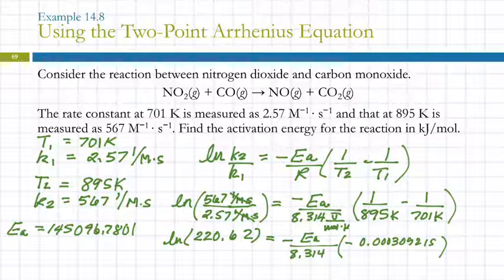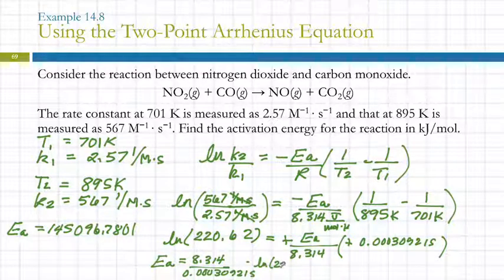So I'm going to cancel out those negatives, and now we could write this out. EA, we're going to multiply by the 8.314, and we're going to divide by the 0.000309215. That's probably more digits than is necessary, times the natural log of 220.62.